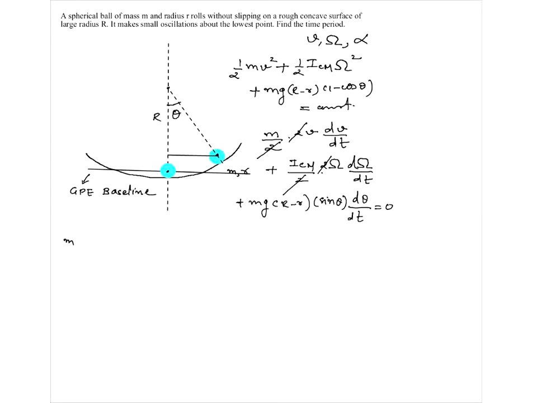dv by dt is tangential acceleration. Then I center of mass, omega, d omega by dt is alpha. d theta by dt, that is omega, this omega.